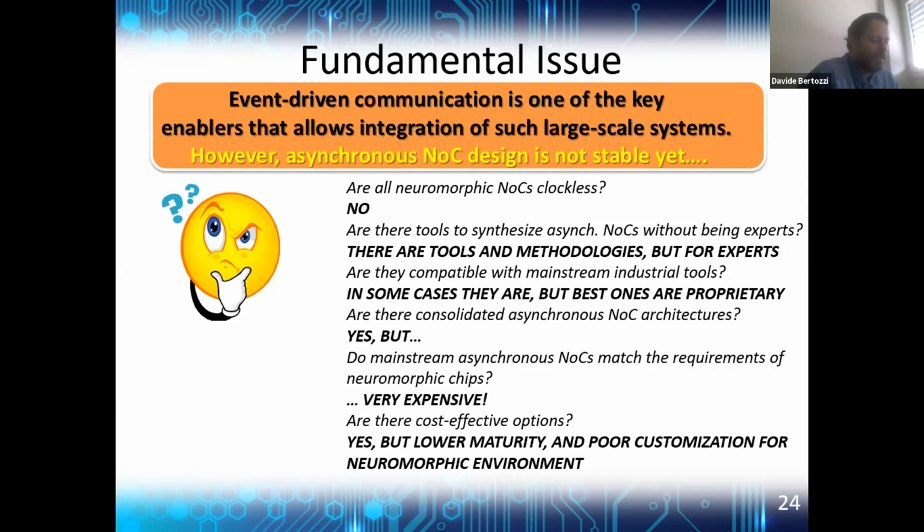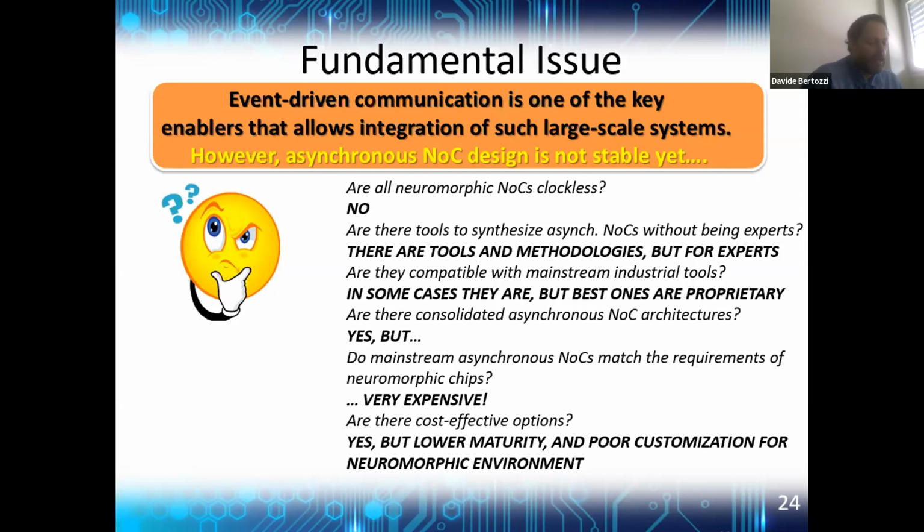And these available network on chip realizations don't seem to go in that direction, as I will prove in the next slides. Current mainstream asynchronous NoC architectures are quite expensive in terms of area and energy per bit, and historically they prefer to pay this cost in order to get the benefits, and the benefits are an overly high timing robustness.